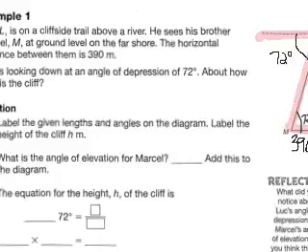Okay, so now we've got some information to work with here. We've got an angle to work with. We've got a height over here we don't know. And if we look here, here's the angle, and straight across is the height. So that is going to be our opposite. And then right beside the angle is a side that we do have information on, and that is our adjacent.